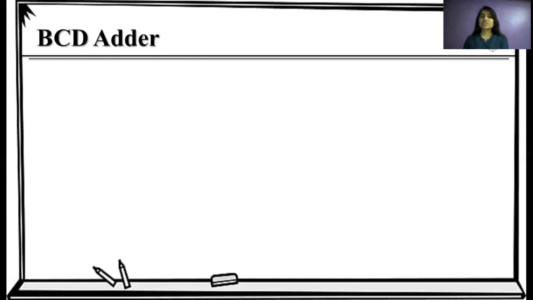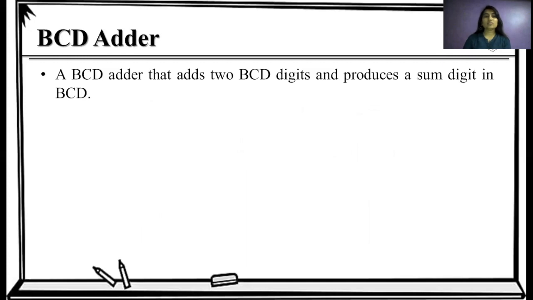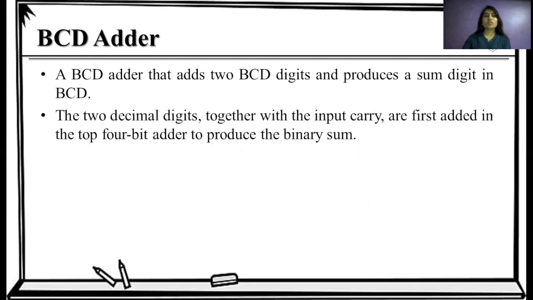Now let's discuss the BCD adder. A BCD adder adds two BCD digits and produces a sum digit in BCD form. The two decimal digits together with the input carry are first added in the top 4-bit adder to produce the binary sum.